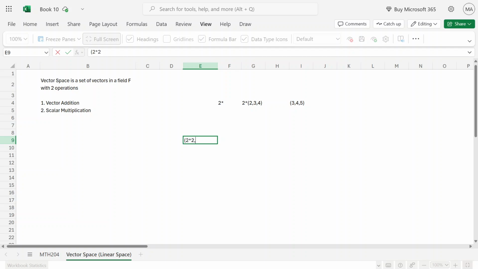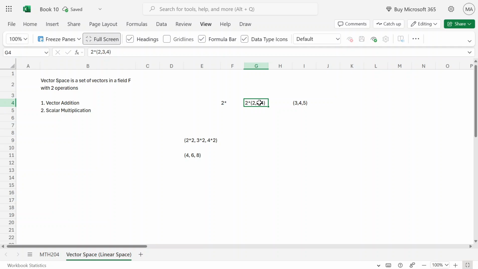So 2 times 2, then 3 times 2, then 4 times 2. With that, you have 4, 6, 8, and that will be our new vector. So this vector multiplied by 2 will give us this vector.